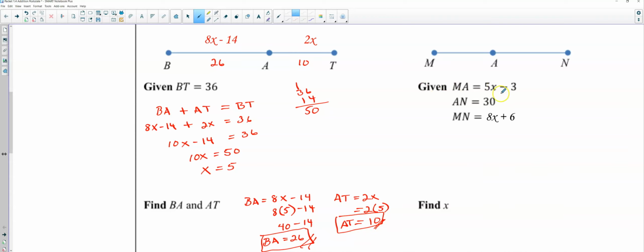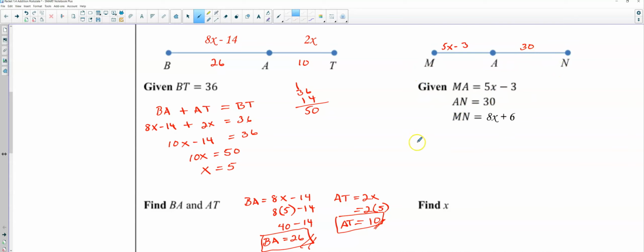Okay, so here's another one. It says given MA, the distance from M to A, is 5x minus 3. So I can write this here, 5x minus 3. I have that AN is 30. And I have that MN is the whole thing, 8x plus 6.